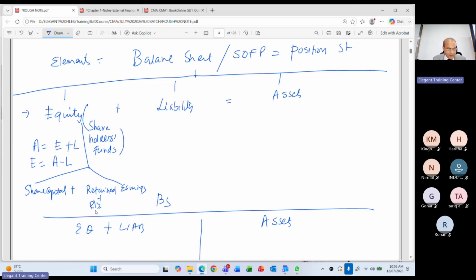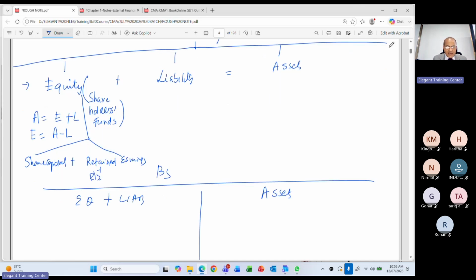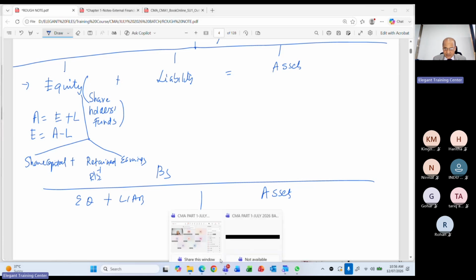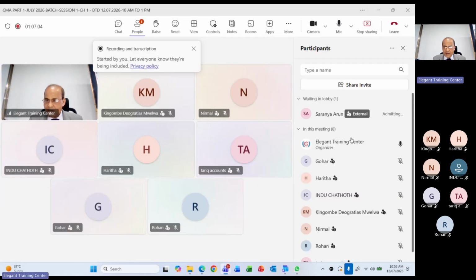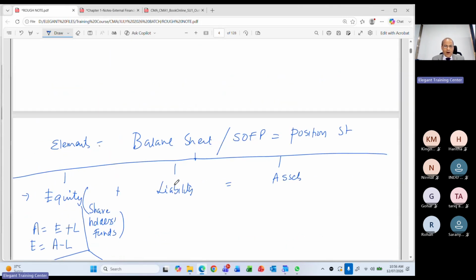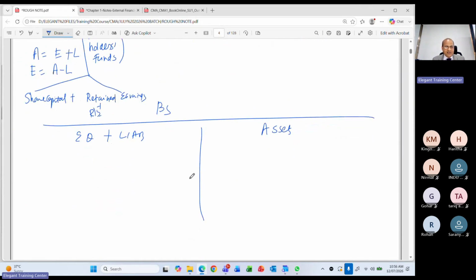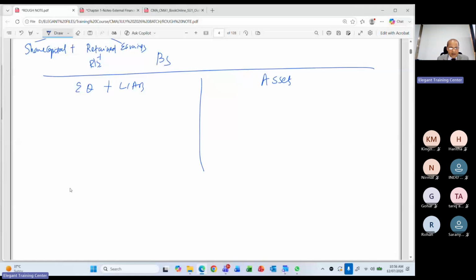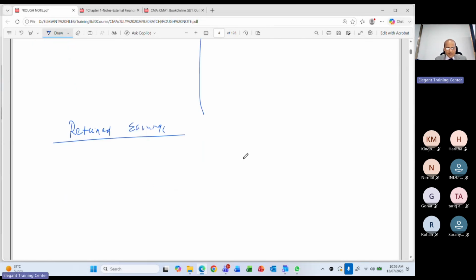Now, who can tell me what is called retained earnings? Let us understand.